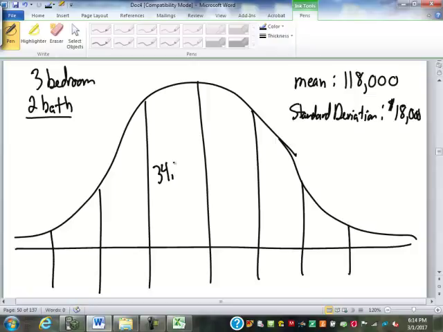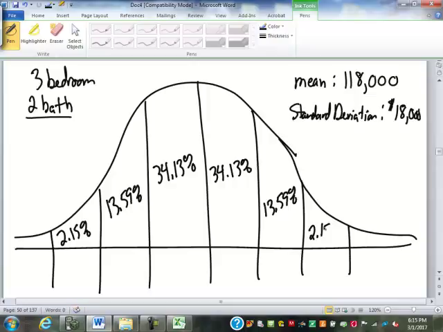This is going to be 34.13% here and here. This is going to be 13.59% here and here. This is going to be 2.15% here and here. And 0.13% here and here.